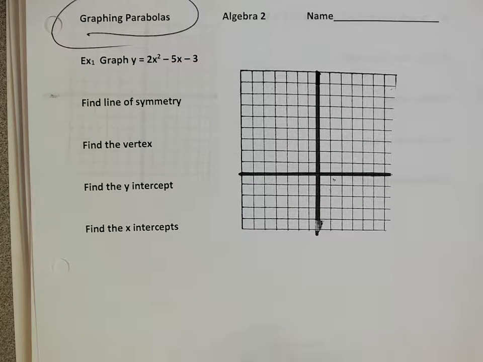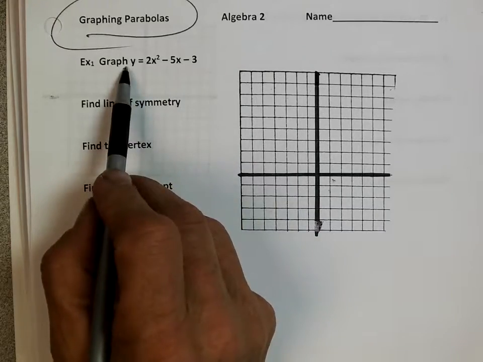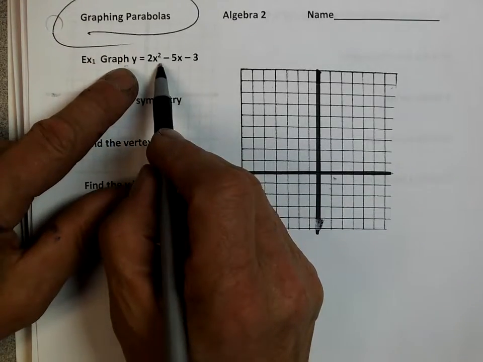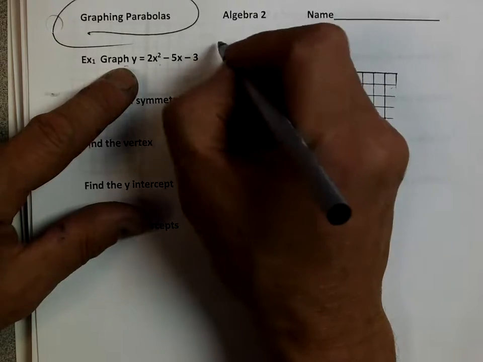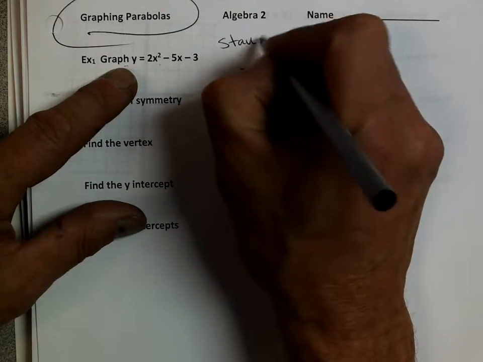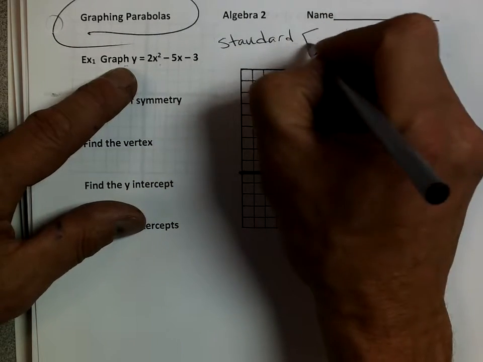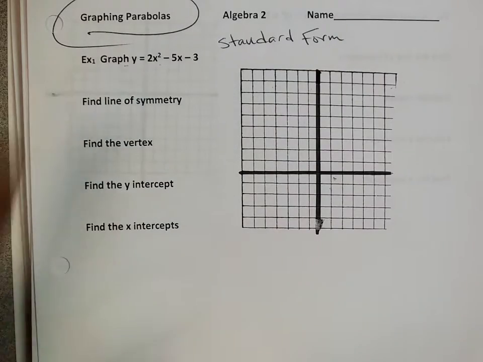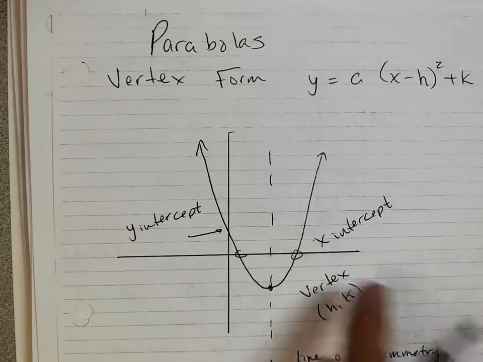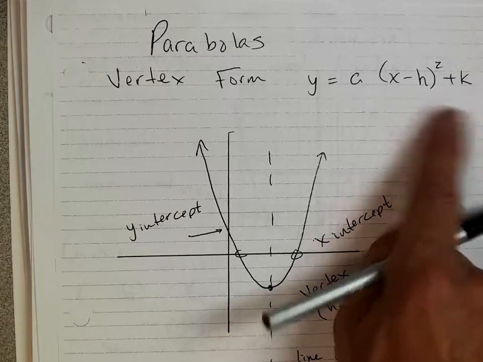Okay. So if I take a look at example 1, y equals 2x squared minus 5x minus 3. That is in standard form. If we look at our sheet, because this is really going to help you a lot, I've got parabolas, and vertex form doesn't look like this one.